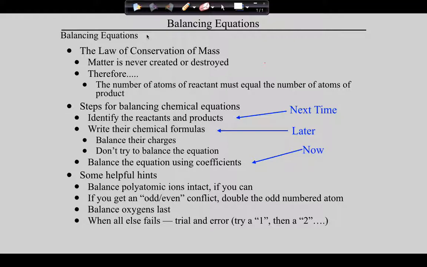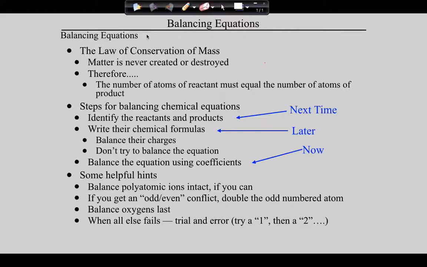You didn't have to write down the chemical formulas, you just had to make them balance. Then, in parts 2 and 3 of the homework, we went up here, and you had to write the chemical formulas for the reactants and products, and then balance the equations. We identified that as now and later on Tuesday.